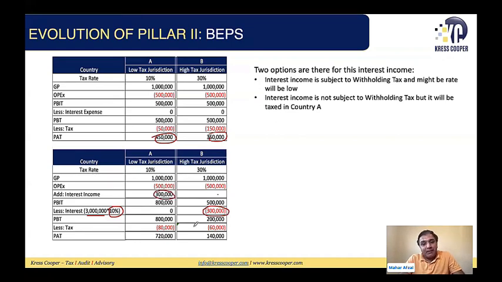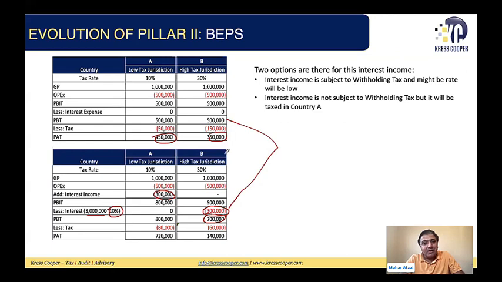Once they have given the loan at 10%, their taxable profit before interest in the high tax jurisdiction is 200,000, which was initially 500,000. Due to this one transaction, the tax base in the UK has been reduced.